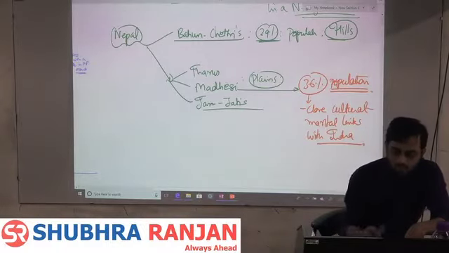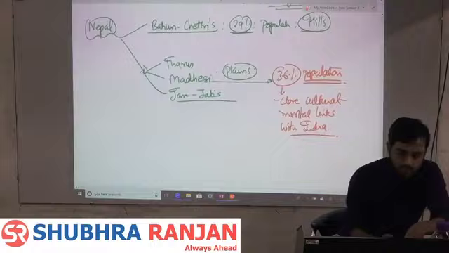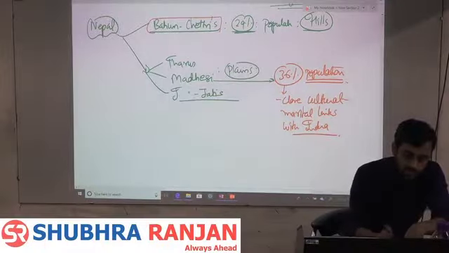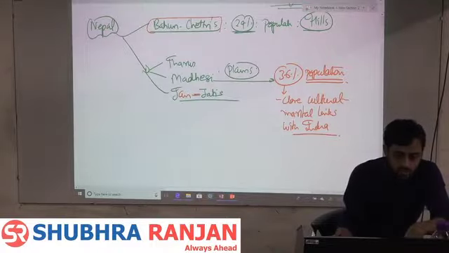Janjatis are the Adivasi population. Okay. And the Tharus are another ethnic group.